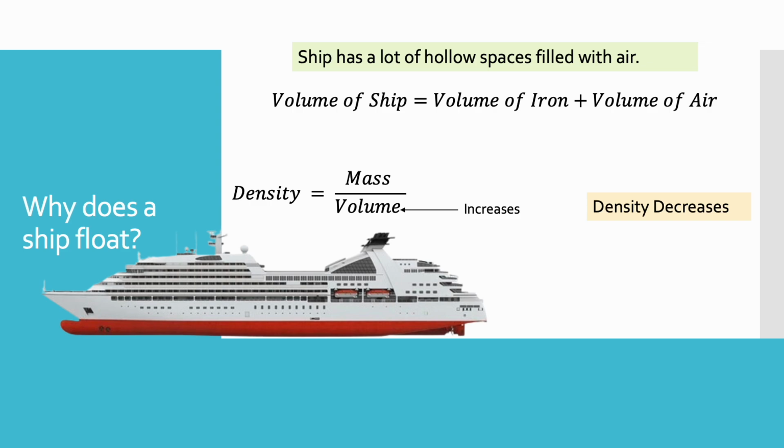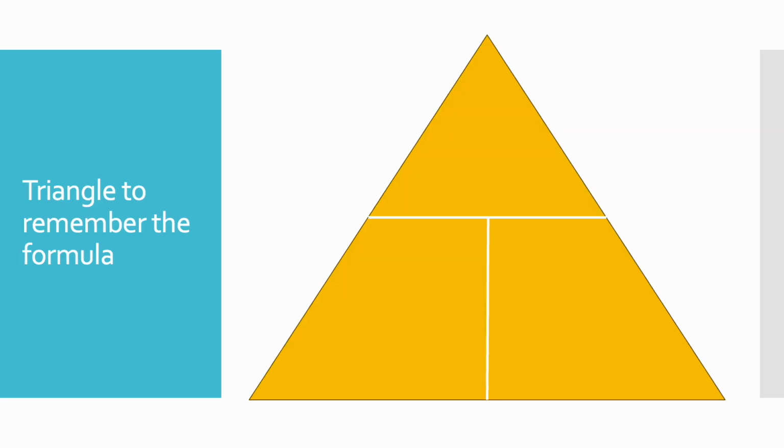Even though it's made of iron, the average density of the entire ship becomes less than the density of water, and that's why the ship floats. This is a perfect example of how shape, design, and air spaces can change an object's ability to float, even if it is made of a very heavy material like iron.